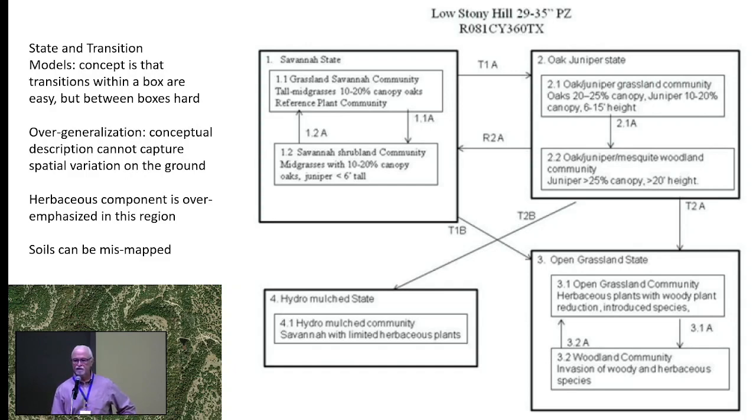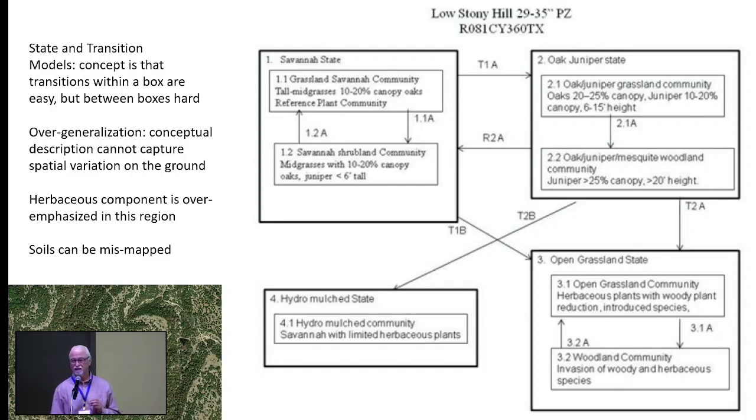I take this with a little bit of a grain of salt for two reasons. One is the mapping. The ecological sites, as mapped by the soil map units, are very diverse within them. Remember, I showed you how it alternates between woodland and grassland within that single ecological site.